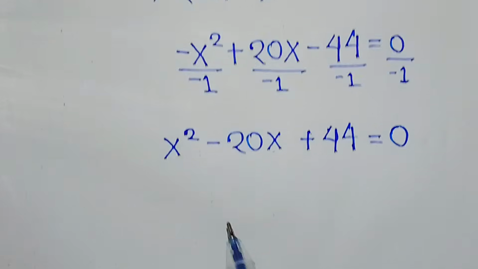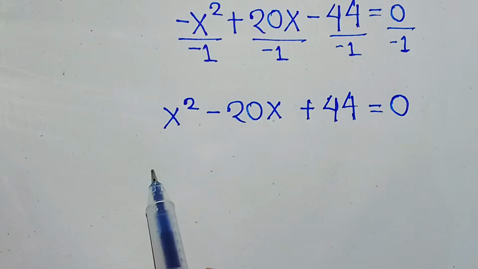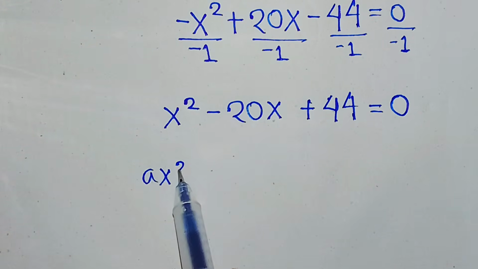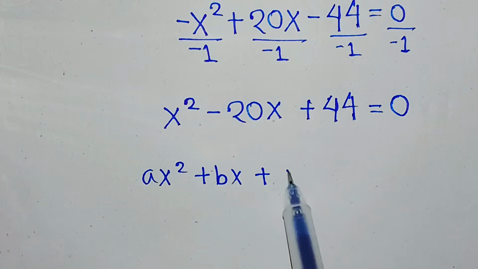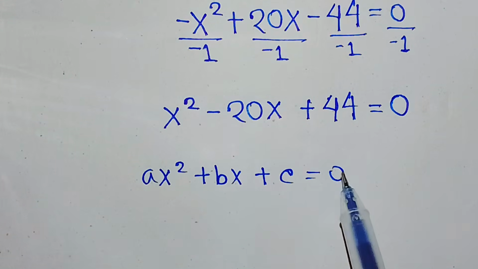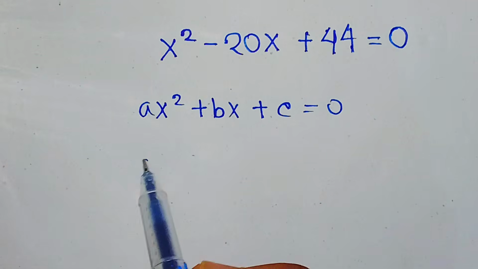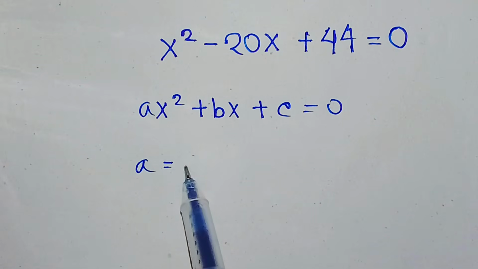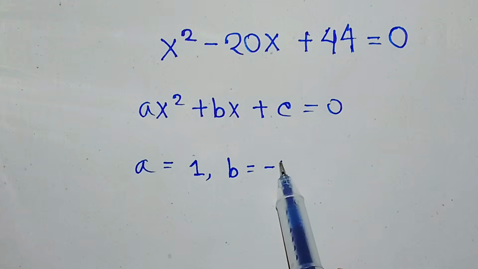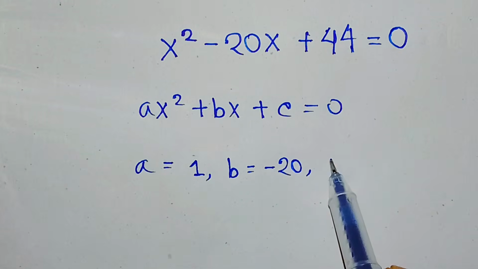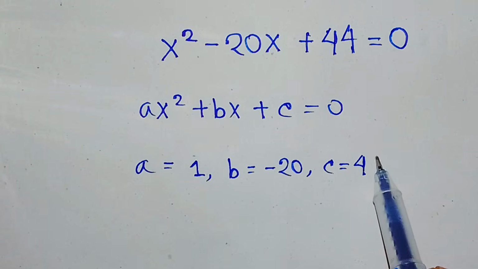So guys, here is our hidden trick number 2. This is a quadratic equation. If we compare this equation with ax square plus bx plus c equals 0, then we'll get the value of a will be 1, the value of b will be minus 20, and the value of c will be 44.